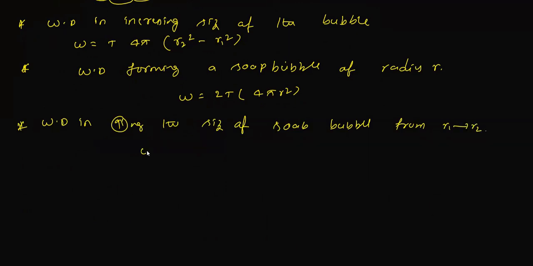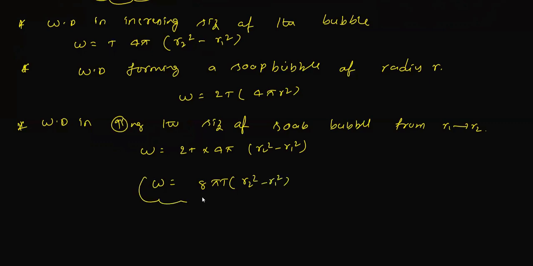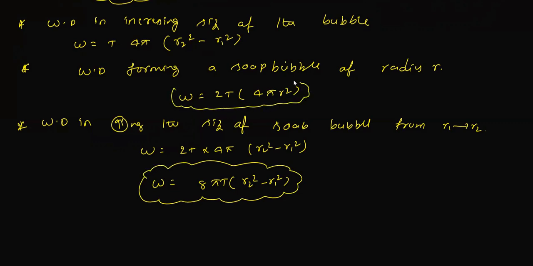So work done equals 2T into 4 pi (R2 square minus R1 square). Therefore work done equals 8 pi T into (R2 square minus R1 square). These are the small applications which we need to remember, and where we sometimes get direct numericals for NEET, JEE, CET and all.